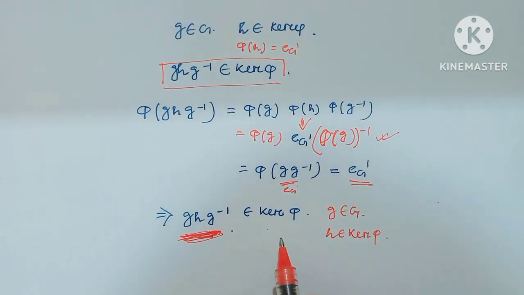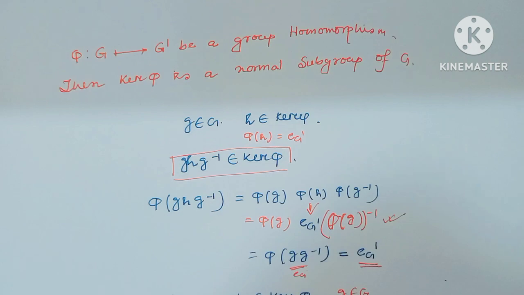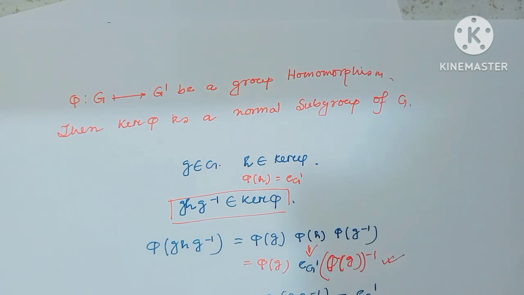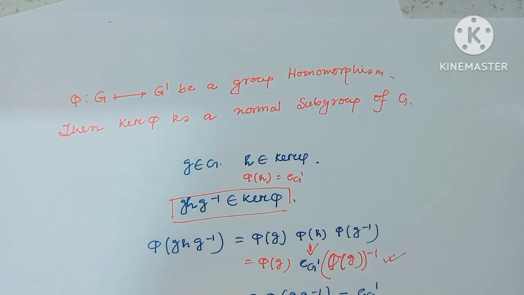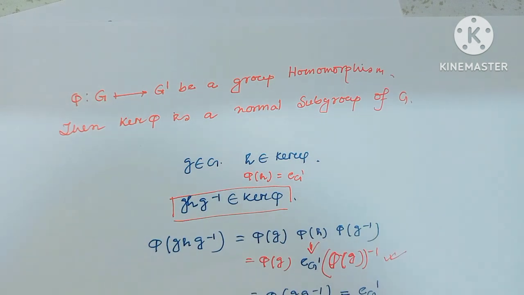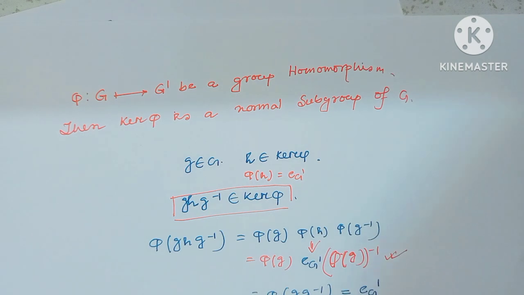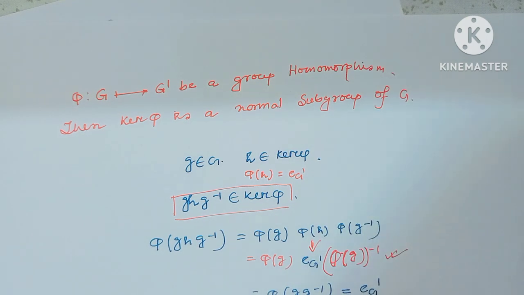So in a group homomorphism, if you find the kernel, you will see this is actually a normal subgroup of the group G. This is one way to find a normal subgroup of a group. At first we have to find a group homomorphism, then we find its kernel, and this kernel is a normal subgroup of the group G.